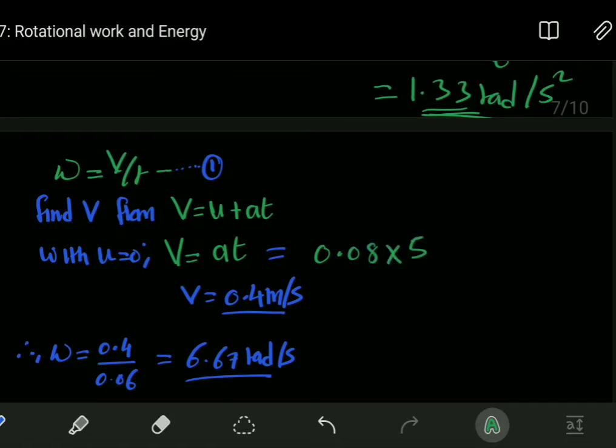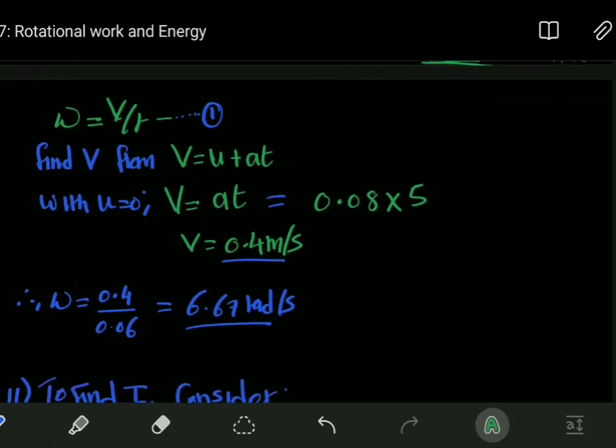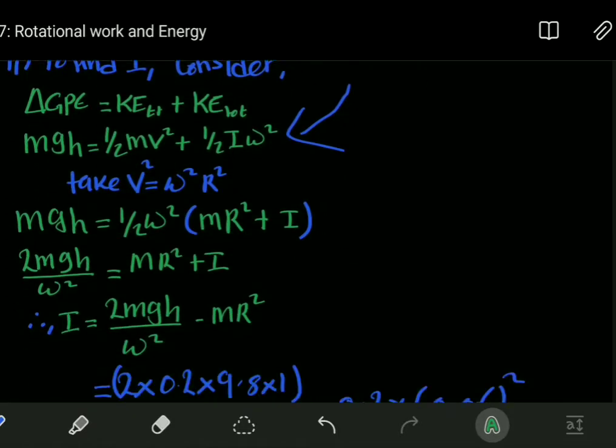Therefore our v is going to be 0.4 meters per second. From this v we can now find omega. Omega equals v over r, which is 0.4 over 0.06, giving us omega as 6.67 radians per second.